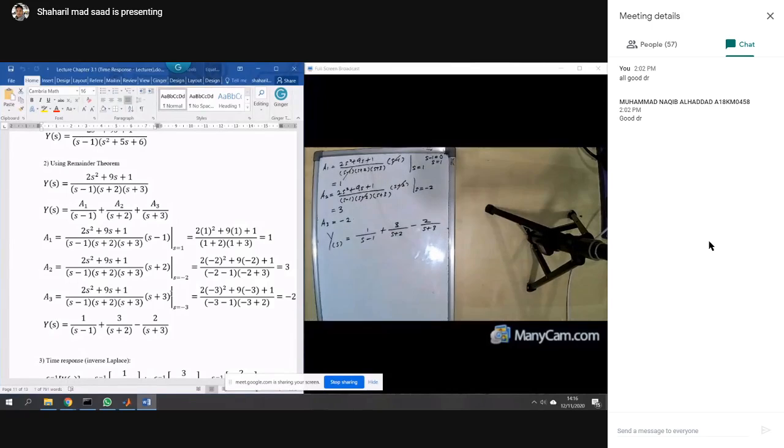Okay, so this is the final one. Because we want to get it from that equation, we can divide it into a few fractions. Okay, and then after that you can use the inverse Laplace, right, to get y(t).